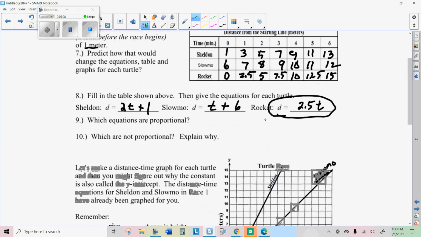That would be Rocket, because Rocket is the only one that doesn't have anything added on. And which are not proportional, Sheldon and Slow-Mo, because they have something extra added on. They're not just something times time. And you can see that also, that they start at some number other than 0.